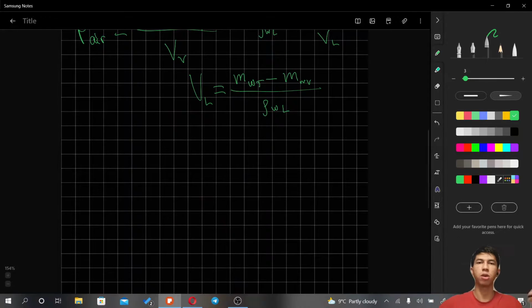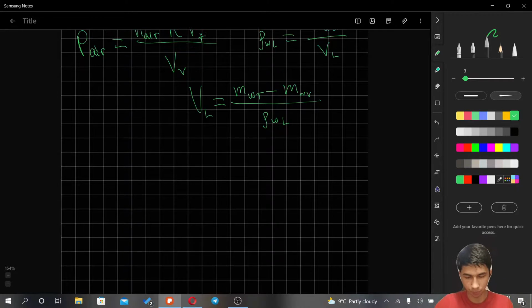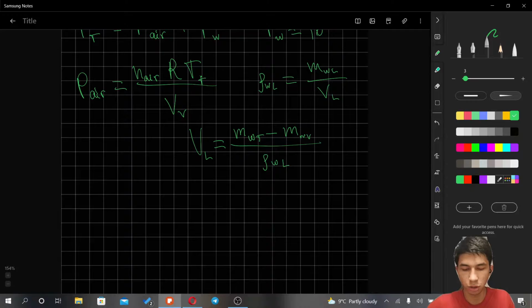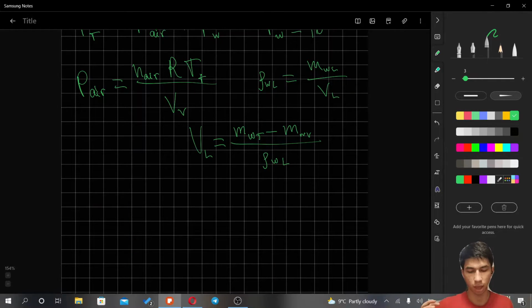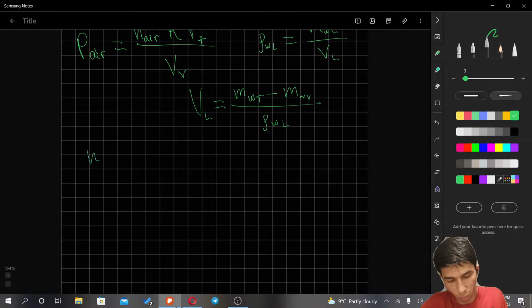Another thing we know is, in order to find the pressure of the air, we need to find the moles of the air. So we also need the equation using moles of the air.